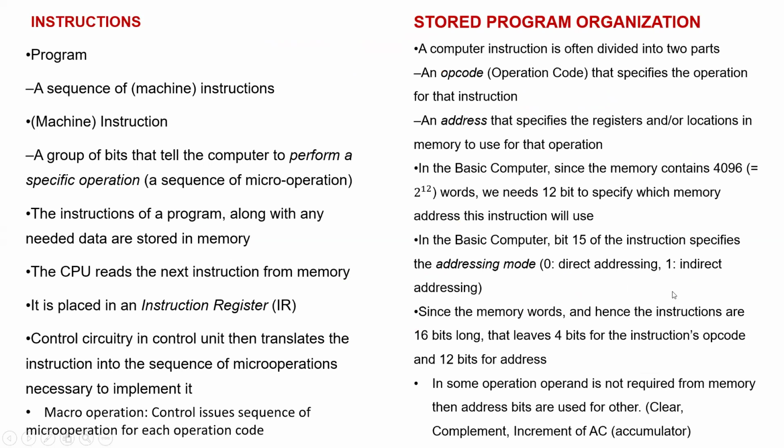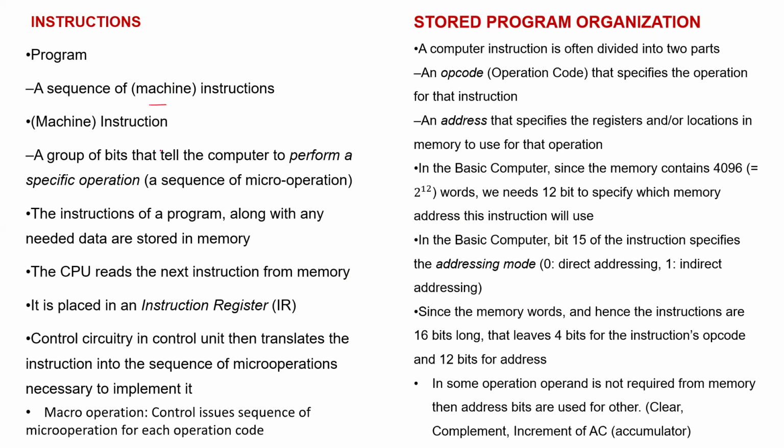Next, we have instructions. How do these instructions play their role here? An instruction is just like a program; our program is a sequence of instructions, and the instructions must be understandable by the machine.